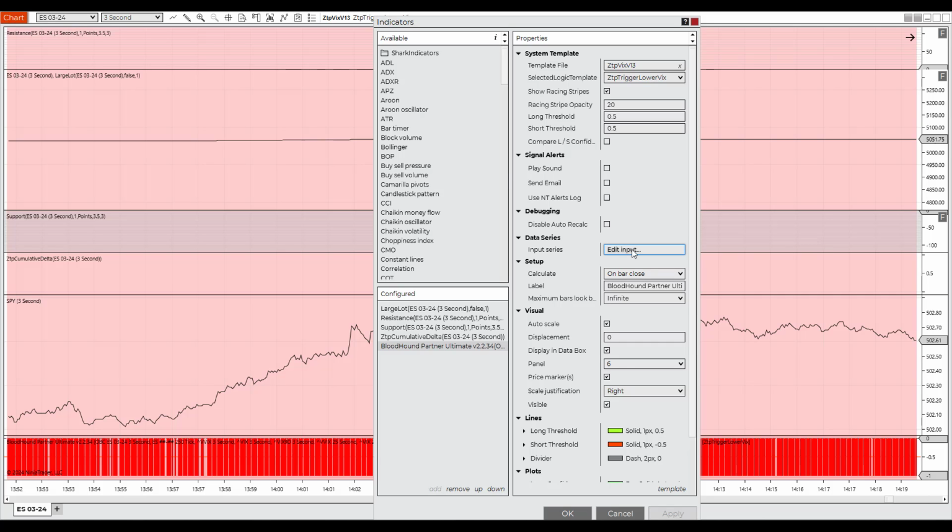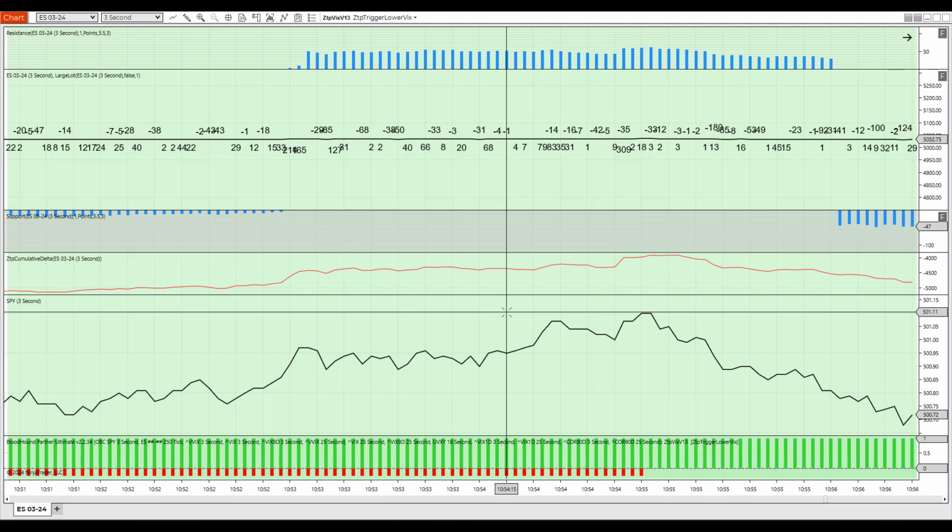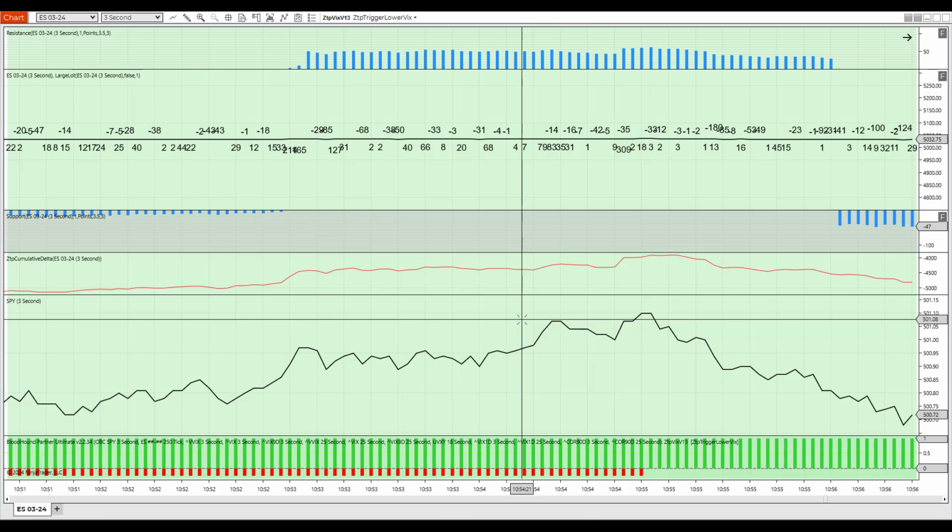So for now, we're going to change this back to the SPY, and now your chart should pretty much look like this.